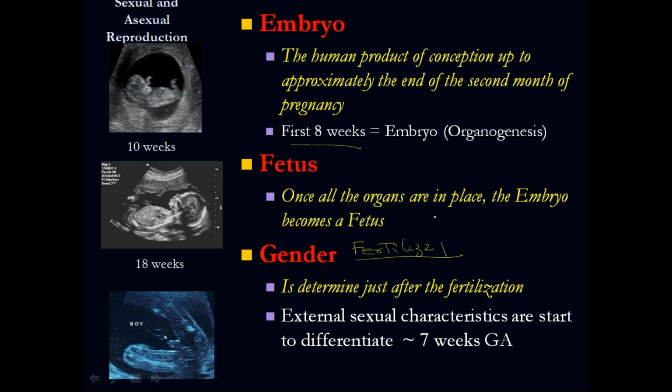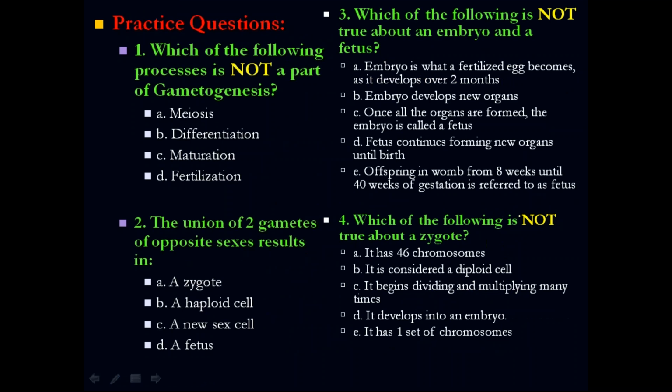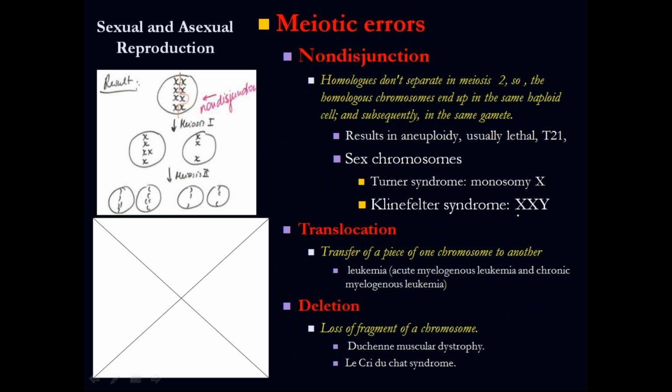Okay, at 7 weeks, from outside of the body, the genitals start to form. So you cannot see until 12 weeks of gestation by ultrasound. That is the earliest that you can see gender. So after 12 weeks, it's going to be 3 months. So after 3 months, you can tell the gender. All right, so let's keep going.